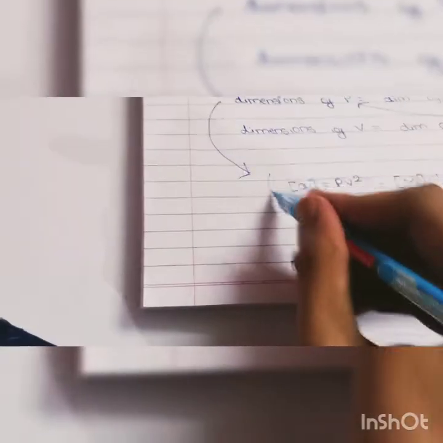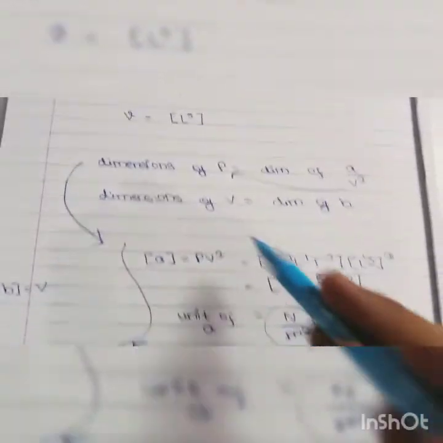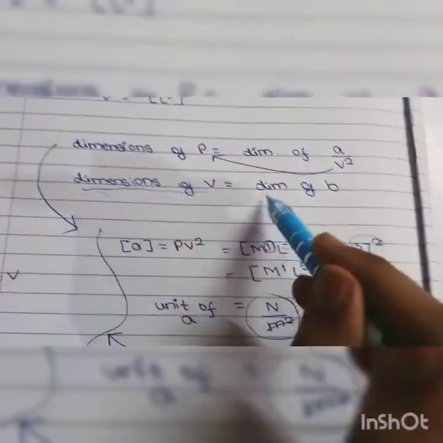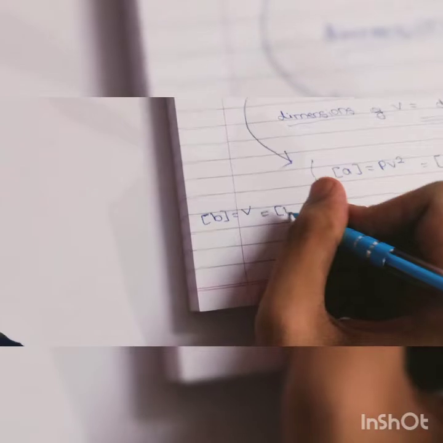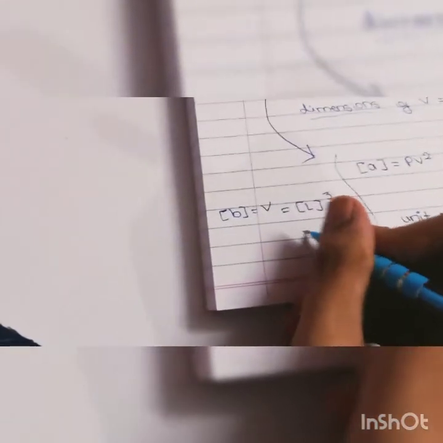Now come to B. For B I am writing here only, because space is limited. Dimensions of V equals dimensions of B. So dimensions of B equals V, meaning L cubed, meaning meter cubed.